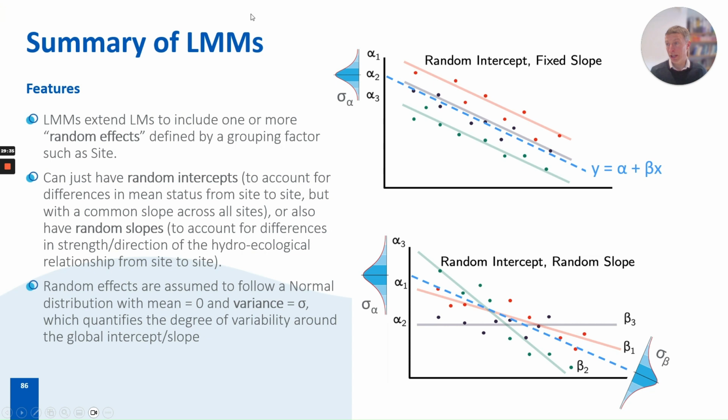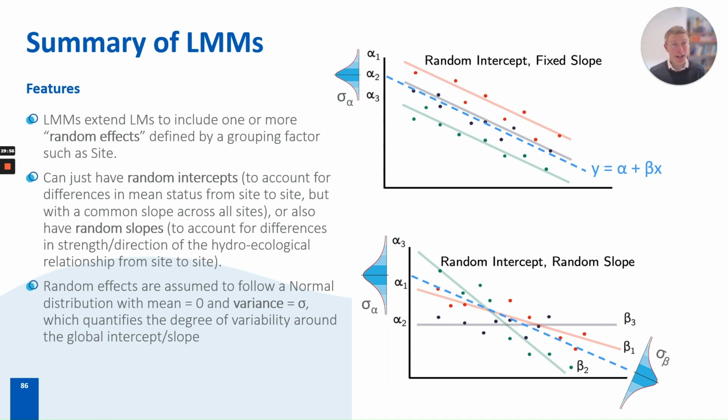So in the top diagram, for example, we can see that we have 3 different intercepts, and if we assume those follow a normal distribution, then we can quantify that variability from site to site as a variance. Similarly, in the bottom diagram, we can quantify the degree of variability in the intercepts and in the slopes.